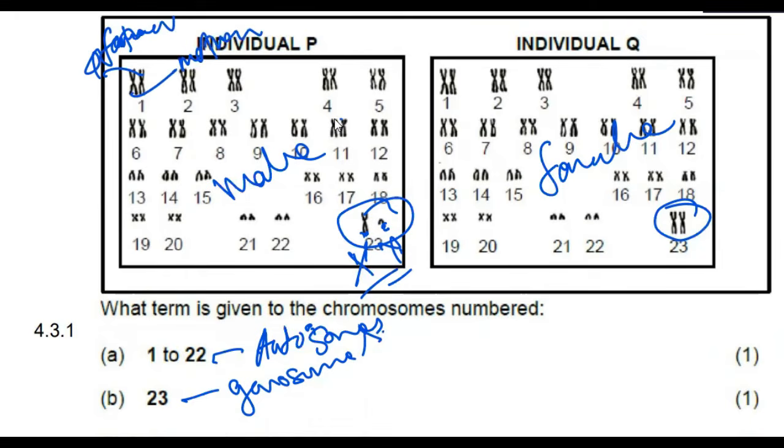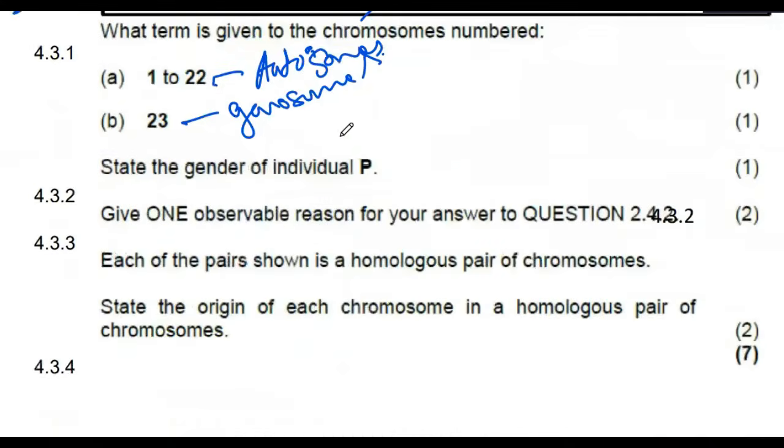That's why we say that when the sperm comes, it is haploid, and it fuses with the ovum, which is haploid. So one chromosome, another chromosome, when they combine, you form the pair. So one comes from the father, one comes from the mother, and then you form a diploid, a zygote.